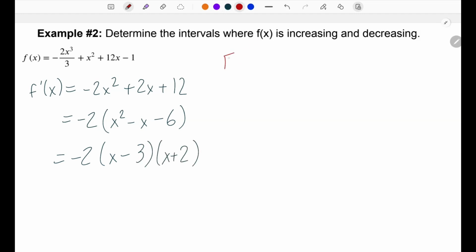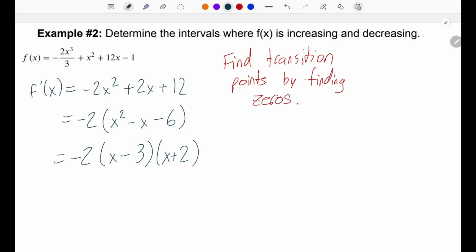So again, we're finding transition points, I'll call them for now, by finding zeros. Okay. So we have x is equal to 3 or x equals negative 2 when f prime of x equals 0.